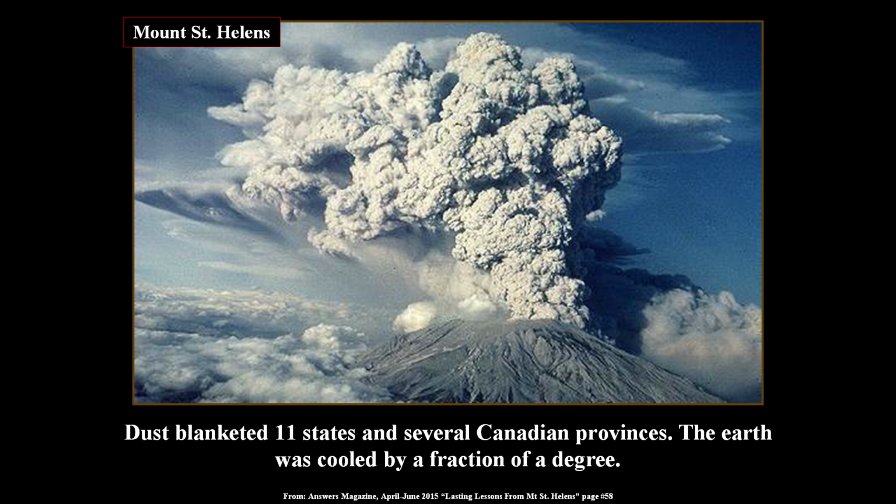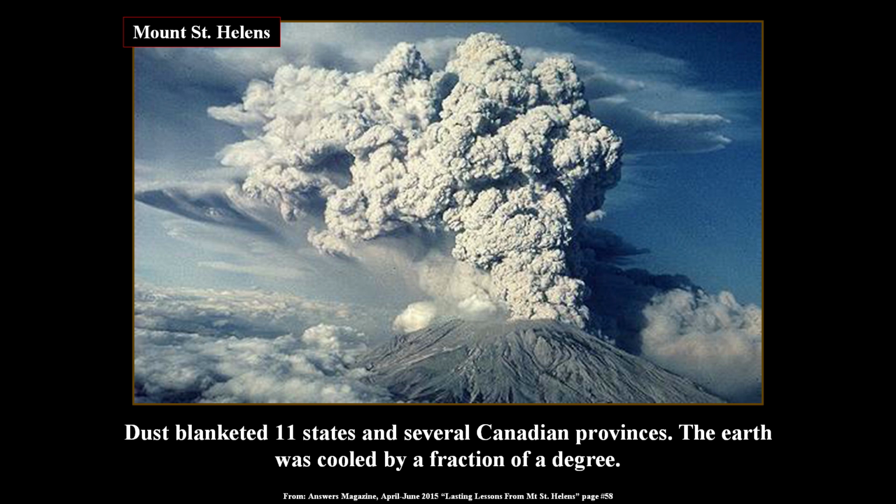It's very remarkable. It says here, dust blanketed 11 states, guys. One volcano. Dust blanketed 11 states and several Canadian provinces. This is one volcano. The earth was cooled by a fraction of a degree.